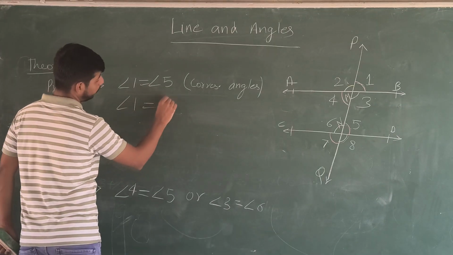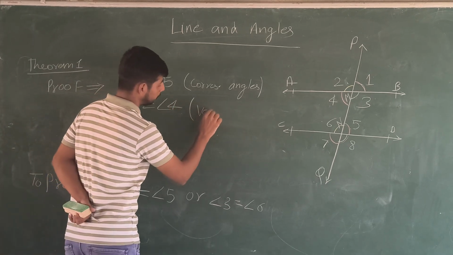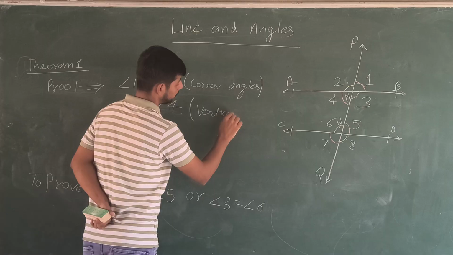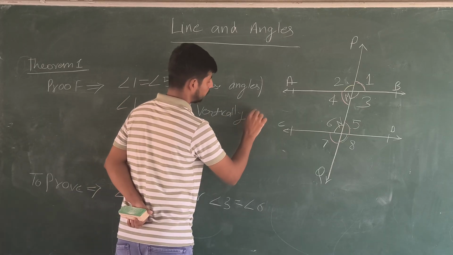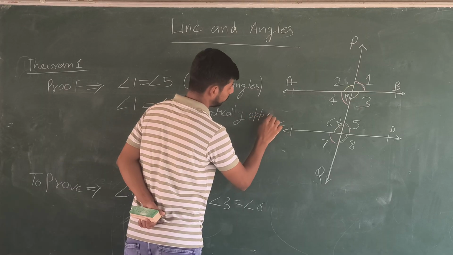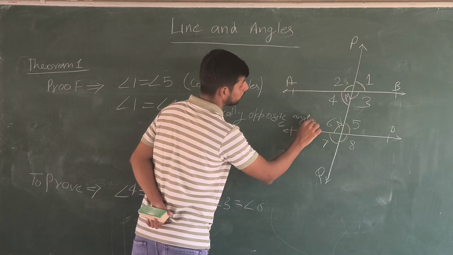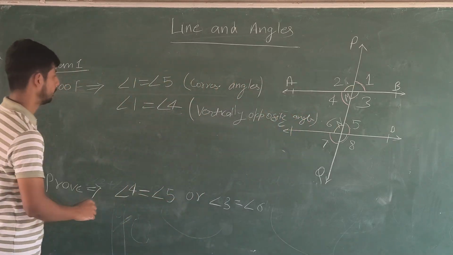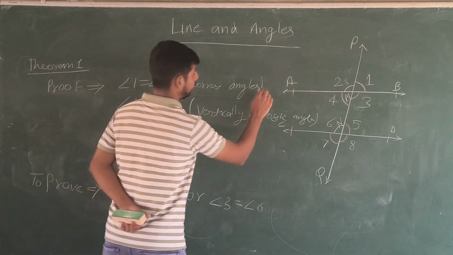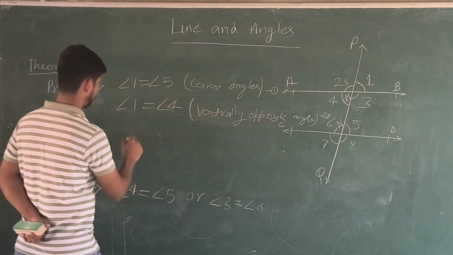Angle 1 is equal to angle 4 by vertically opposite angle. So this is equation 1, this is equation 2.